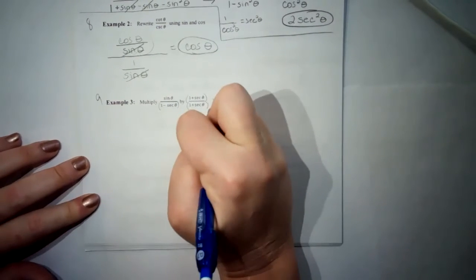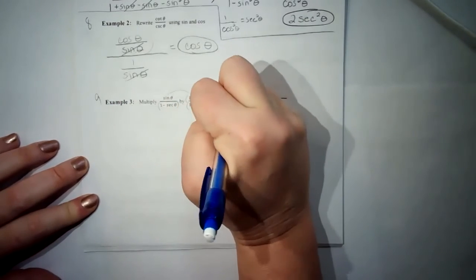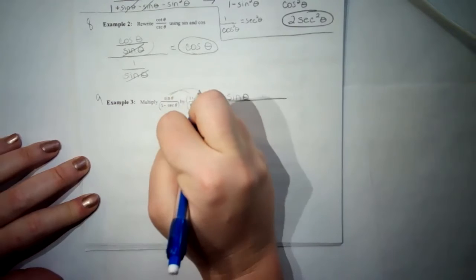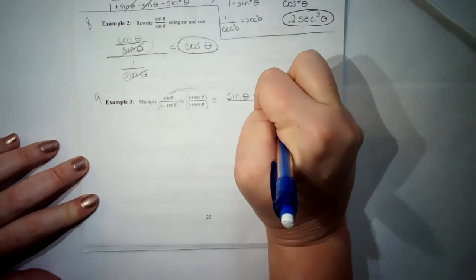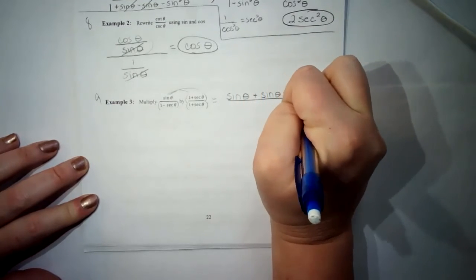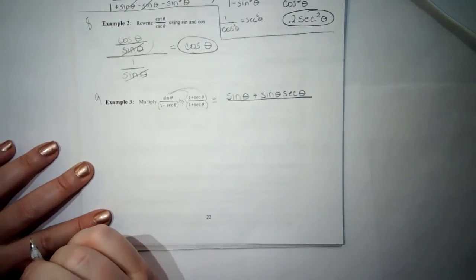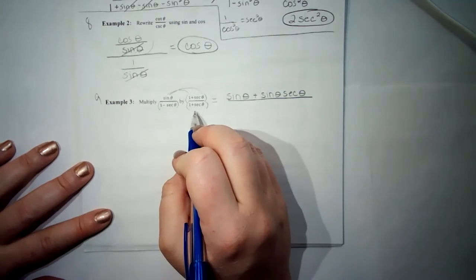For the top, I'm just going to distribute, right? I'm going to do sine theta times 1, and then sine theta times secant. All right, let's look at what's going on down here in the bottom.